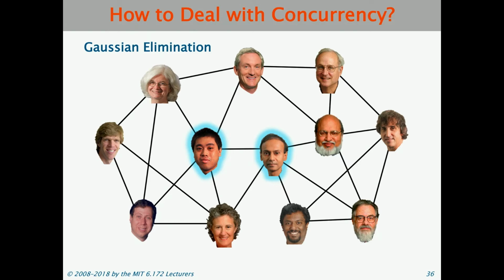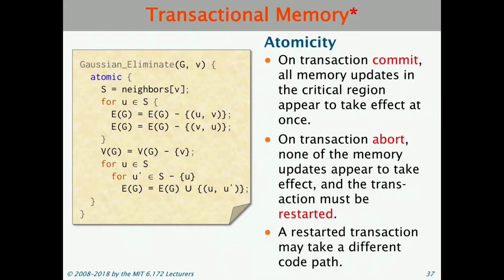In transactional memory, what I want to be able to do is simply say, here's the thing that I need to be atomic. If I look at this code, it's basically saying, who are my neighbors? Then let me identify all of the edges that need to be removed, the ones that I just showed you that were removed.